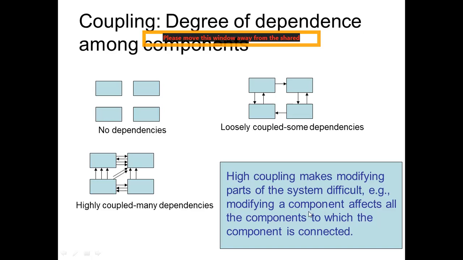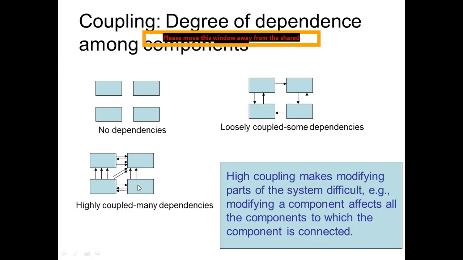For example, modifying a component affects all the components to which it is connected. What they are saying here is that high coupling makes modifying parts of the system difficult. Just consider this example, because here various components are connected to each other. You can see highly coupled, many dependencies.